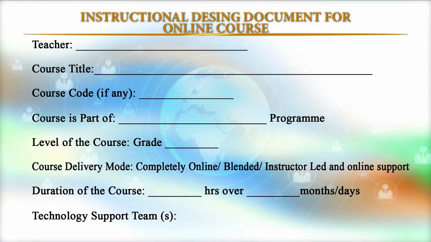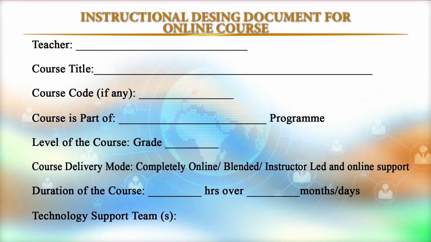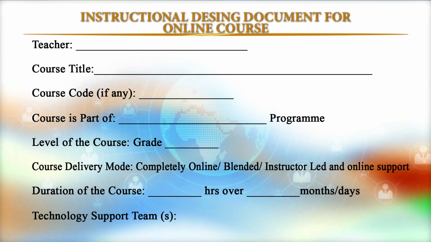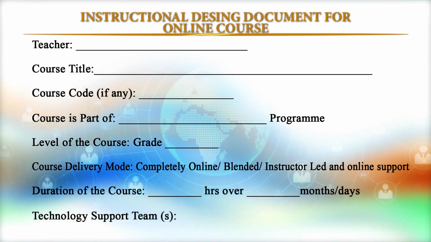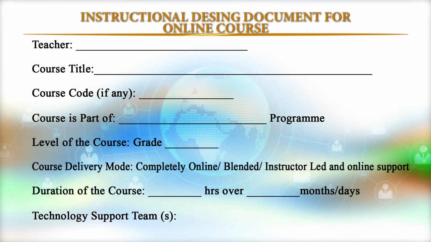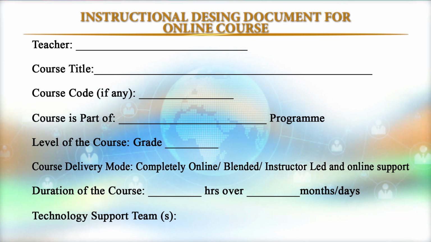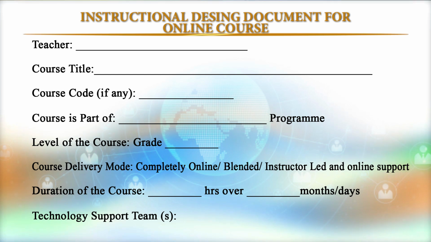One is the teacher, that is you, who are going to develop the course based on the experience you have and the material you have read in Block 1 to Block 5. Then you have to prepare this document, and the course title. Based on your choice with your discipline, you have to select a course title, and if you have any course code, that is a short code, you can give it here.